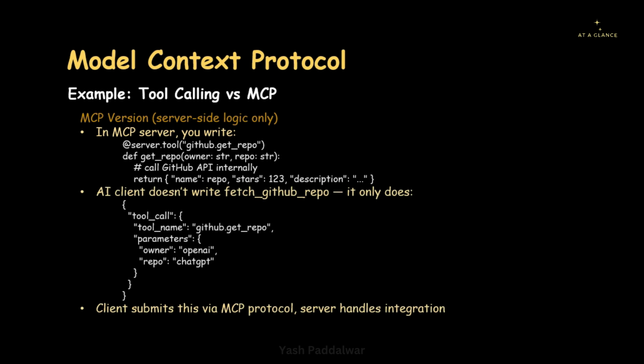So this particular definition is done on the server side itself. And at the client side, what happens is the AI client doesn't write this particular function at their end. It only does this particular thing. And also this particular thing comes to the client as per the communication protocol.